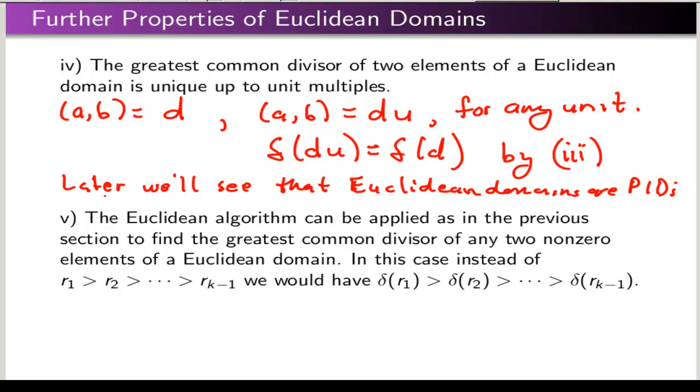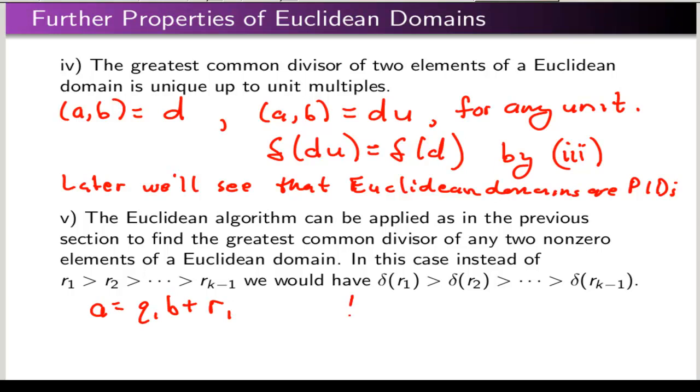And then item number 5. Once we have a Euclidean domain, we can establish a Euclidean algorithm just as we did in the previous section with the integers. So we can find the greatest common divisor of any two non-zero elements of a Euclidean domain by repeated applications of the division algorithm.